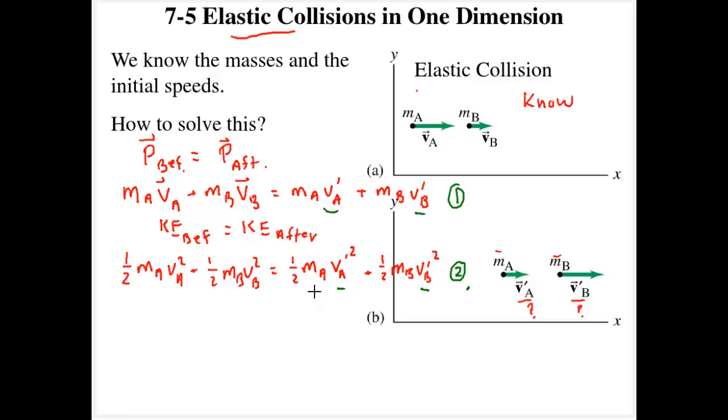The book does this in section 7.5, and at the end of the day it says the velocity of A minus the velocity of B is going to be equal to negative velocity of A prime minus velocity of B prime. Now we can use this to solve for one of the velocities and help us solve our collision problems.